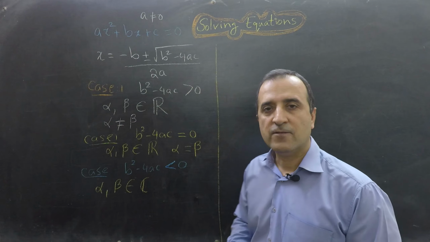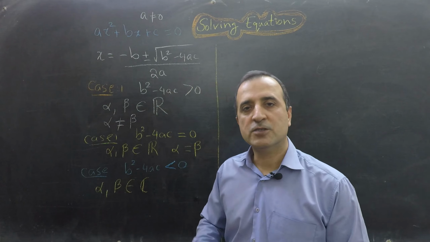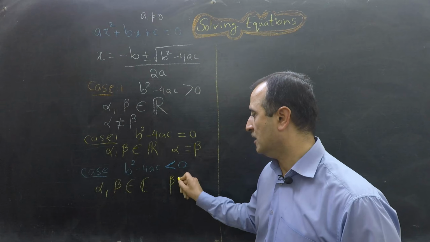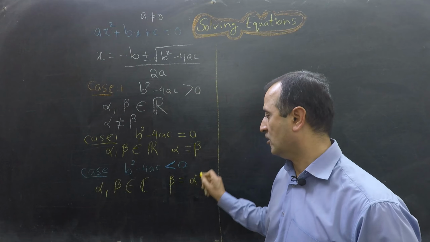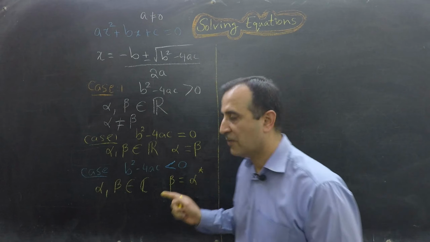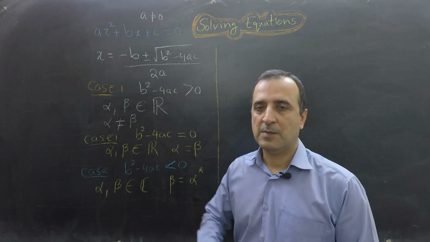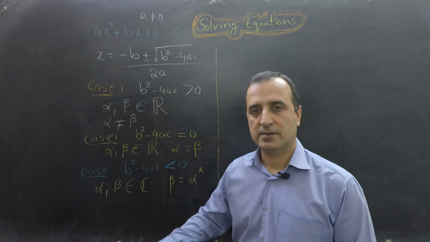Moreover, alpha and beta will be conjugates of each other. That means beta will be equal to alpha conjugate. It will be the same as alpha, but the sign of the imaginary term will be different.